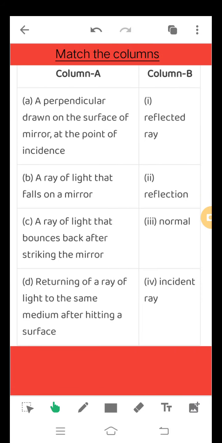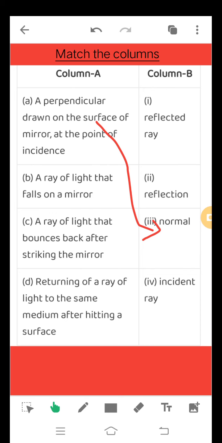Here we have match the columns. Let's read column B first. What all is given? Reflected ray, reflection, normal and incident ray. Column A first is a perpendicular drawn on the surface of mirror at the point of incidence. This is a perpendicular drawn, so this answer is normal. Second, a ray of light that falls on a mirror.